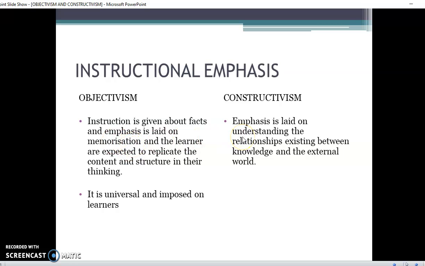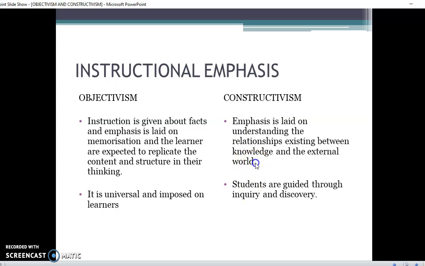Understanding is given more importance in constructivism, and the overall aim of the teaching and learning process in a constructivist classroom would be based on relating their previous knowledge about a given concept to the external world.